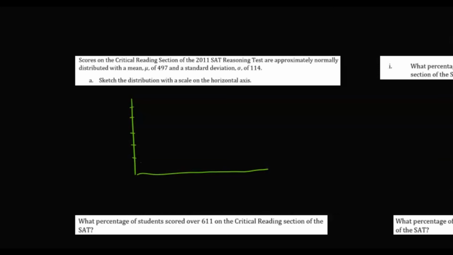So we draw something similar to a bell curve, symmetrical in the middle. We know the middle right here is going to be the mean. So the mean right here is 497. And then we want to write our first standard deviation, second standard deviation, and third standard deviation and represent them on this graph.